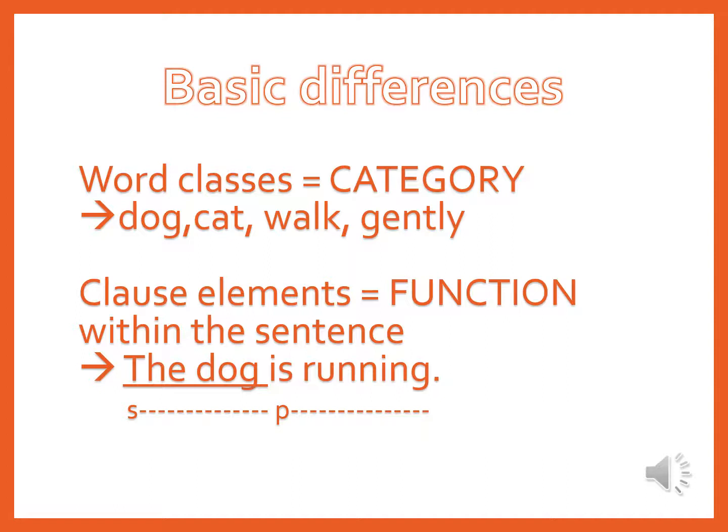What you have to think about though is that even though a word belongs to a certain category, if it's used in a different sense, it could also be placed in another category. For instance, walk, as I have as example here.